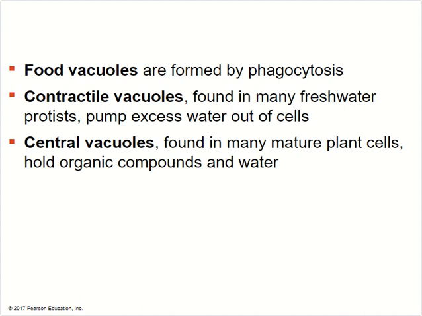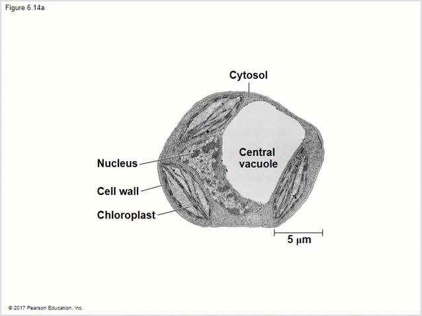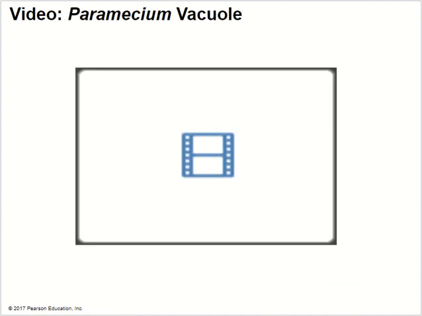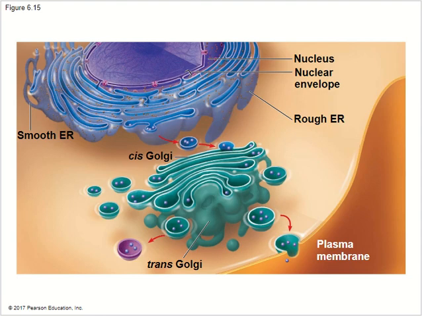And then there are central vacuoles found in many mature plant cells that hold organic compounds and water. The endomembrane system is a complex and dynamic player in the cell's compartmental organization.